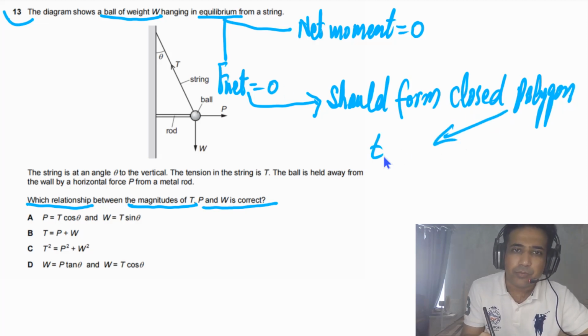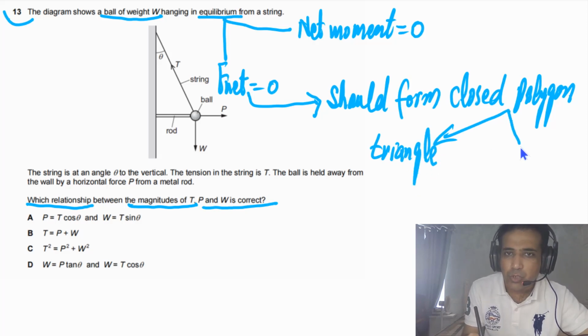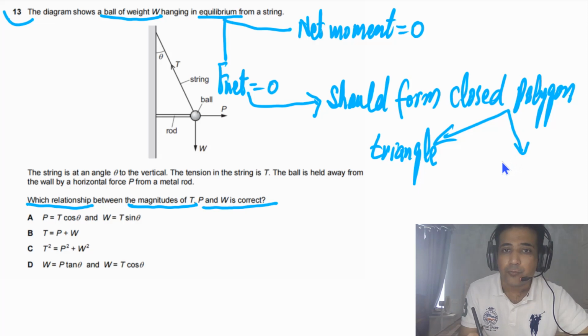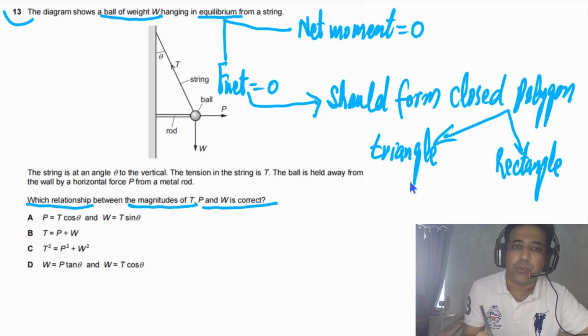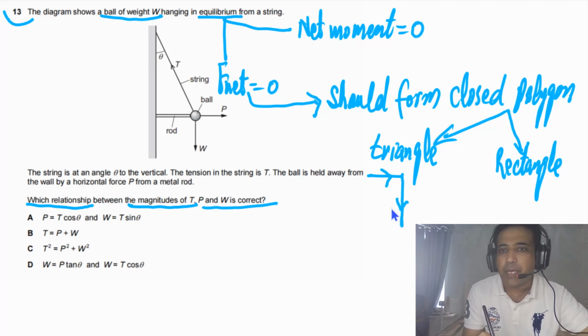Closed polygon means that if there are 3 forces, they should form a triangle, and if there are 4 forces, they should form a rectangle, a closed polygon. So a triangle can be here, let's say, imagine this is one force, this is another force, and the third force will be this way. So you see, in this case, net force is equal to 0.